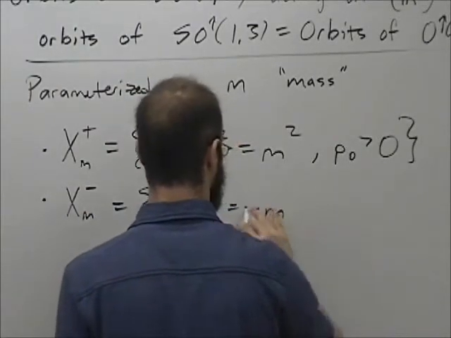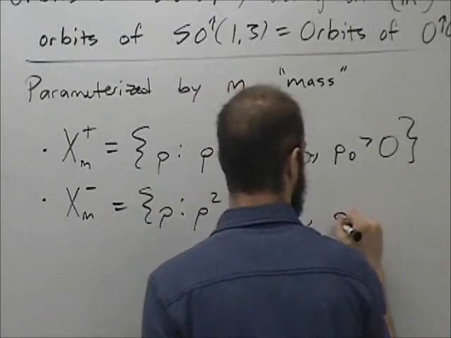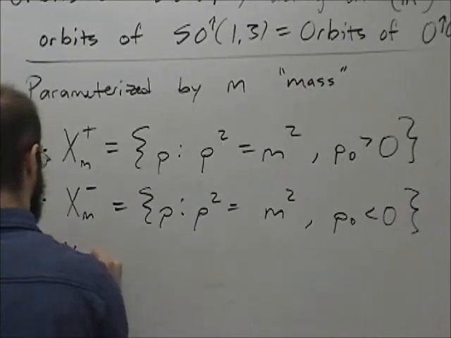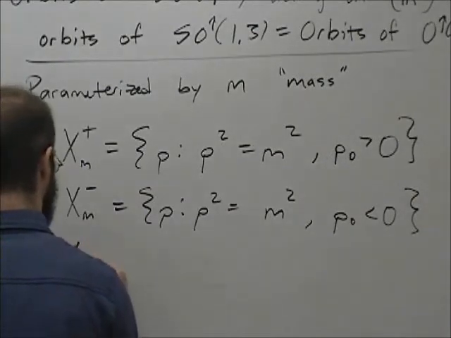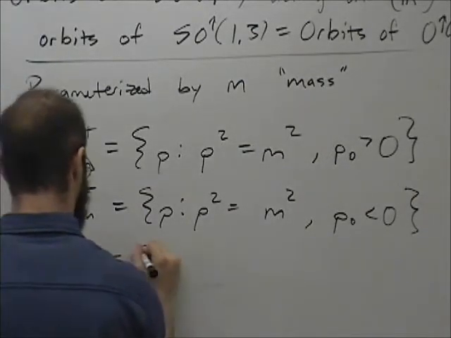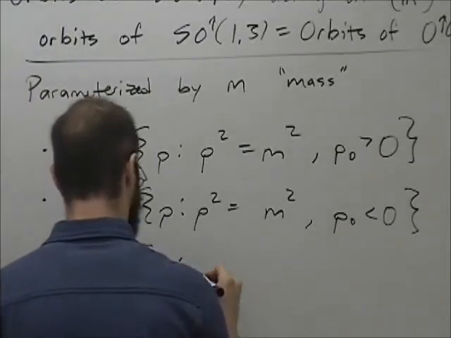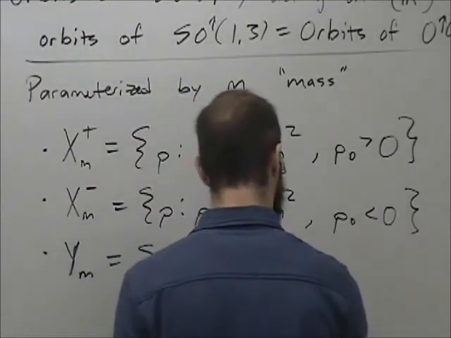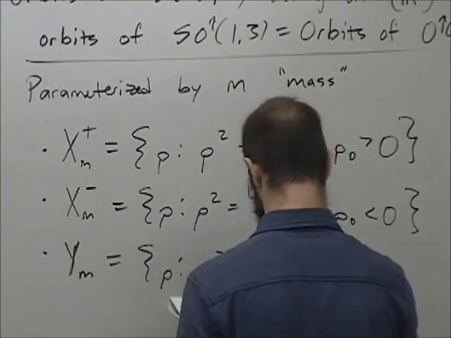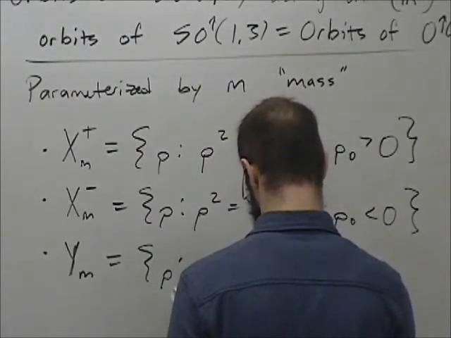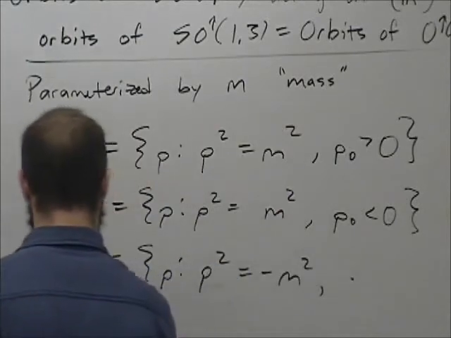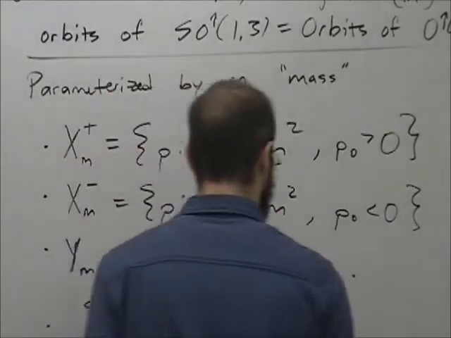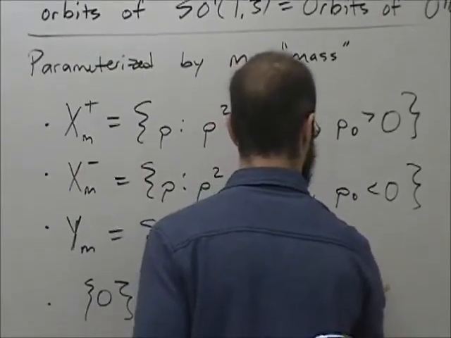This is positive m squared again, and then p naught less than 0. Capital Y sub m is going to be all the points p with p squared equals minus m squared. And then you've got another orbit right here, which is the identity.